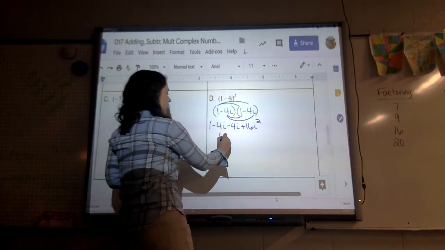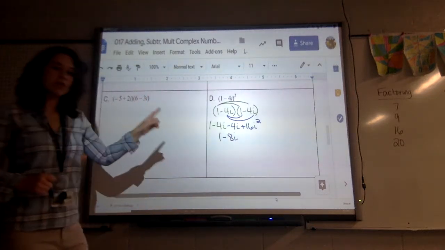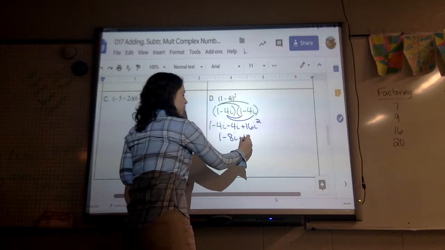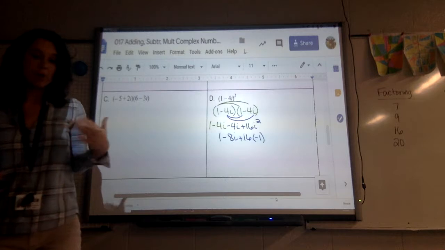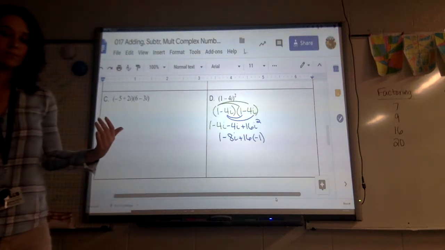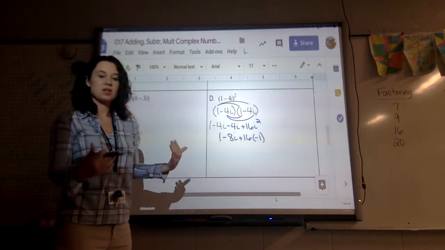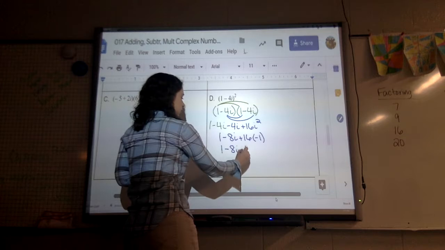They make -8i. The other thing that I can simplify is I know that i squared happens to be -1. So I'm going to replace it with -1. So now I say, okay, what is 16 times -1? Well, that's -16.